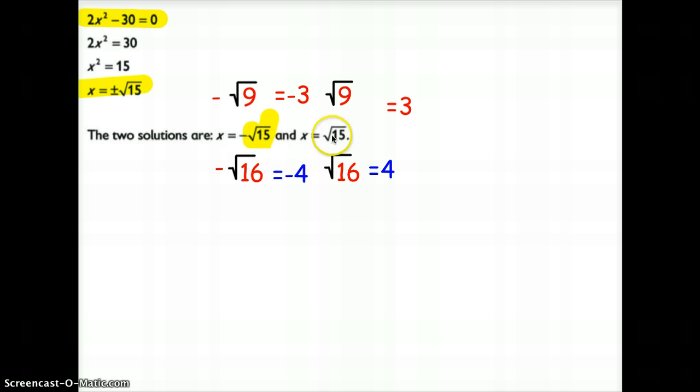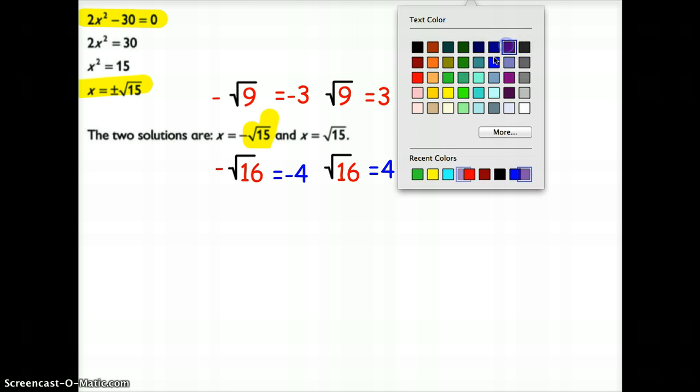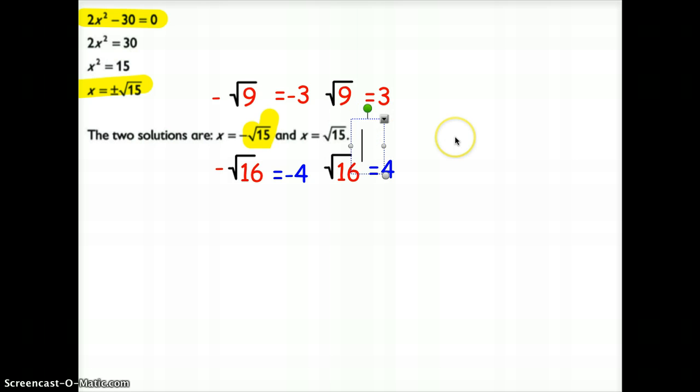Now these two answers, well, since 15 is somewhere in between 3 and 4, I'm guessing the answer should be in between also. So I can make a guess. Again, I don't know exactly what it is, but I can estimate. It's really, really close to 16, so let's make this a little more legitimate.